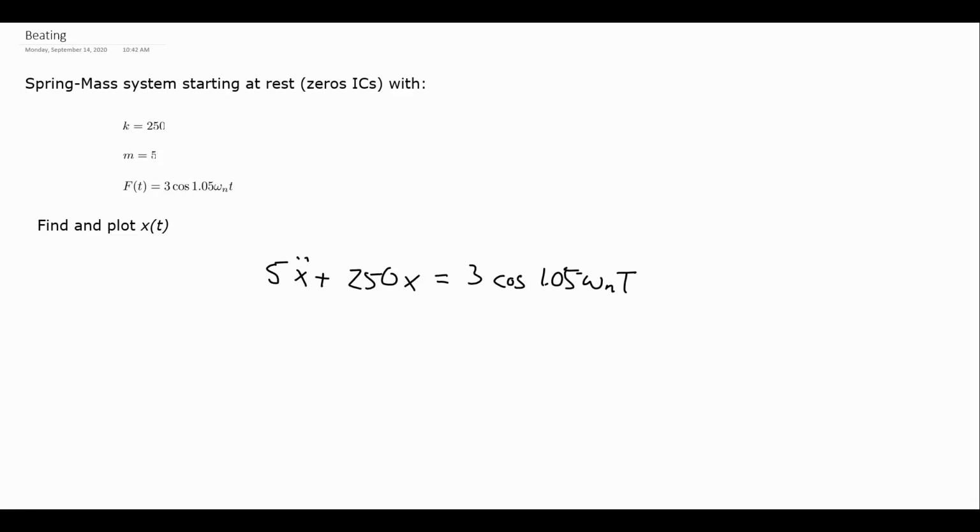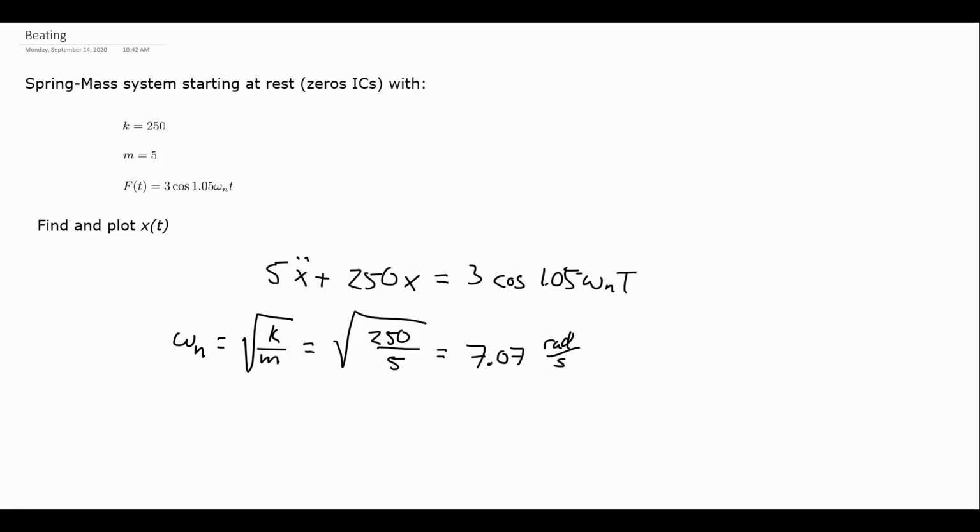All right, so we're using the natural frequency to determine our driving frequency, so we should really find out what our natural frequency is. It's still going to be root k over m. It doesn't matter if it's a free vibration or a forced vibration, as long as we're in 1 degree of freedom. So since we're just going to assume everything's in base units here, we're going to get about 7.07 radians per second to be our natural frequency.